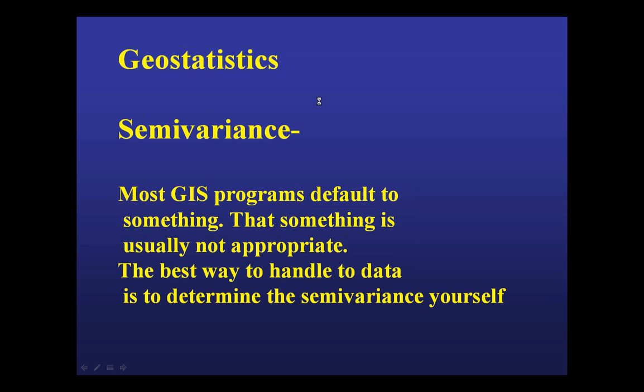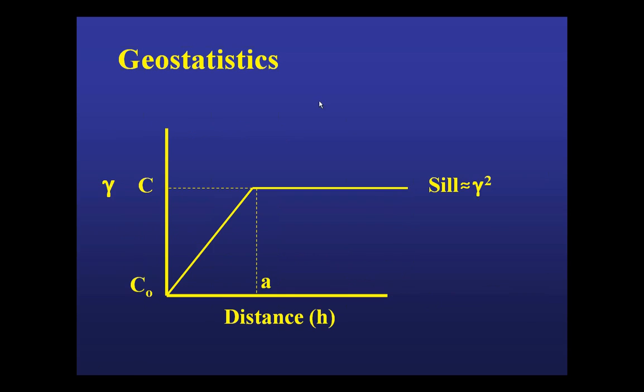This is what I'm talking about. This is a relationship of the variogram to distance. You have the distance. This point A is the point where it kind of levels out. Up here at the top, this is the sill. This is the range, which is the point that drops down here. So this distance here is the range. And often it doesn't cross at 0, 0.